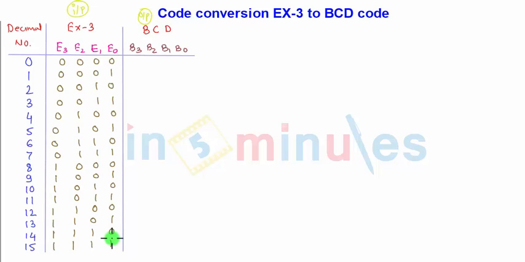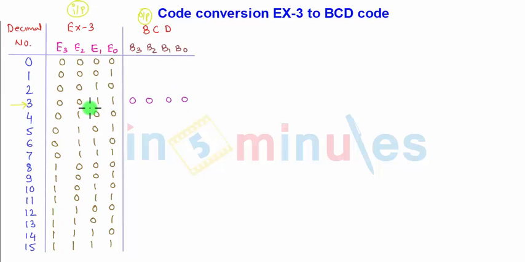So here we have the 16 combinations of XS3 code and BCD codes that start from 0. For 0 the XS3 code is 3, that is this position. So for this XS3 code BCD is 0. So let me write down the BCD code here: 0 0 0 0.